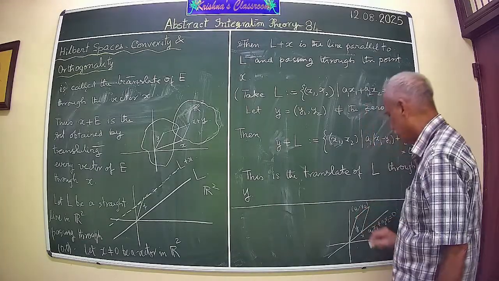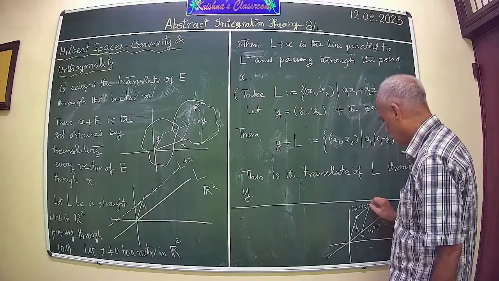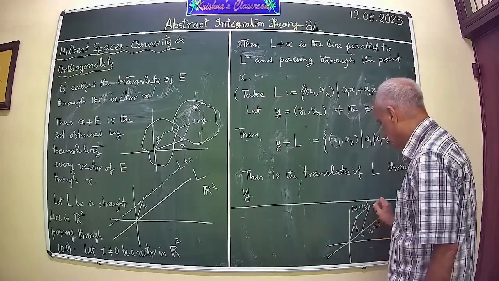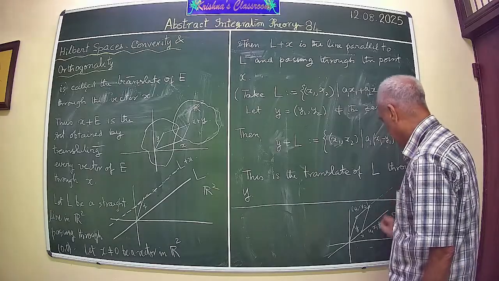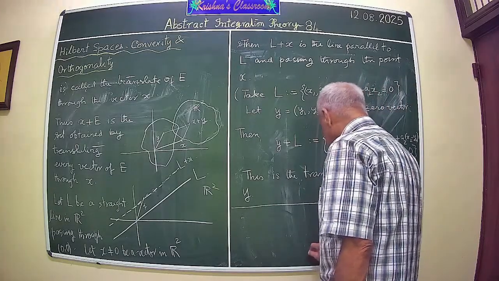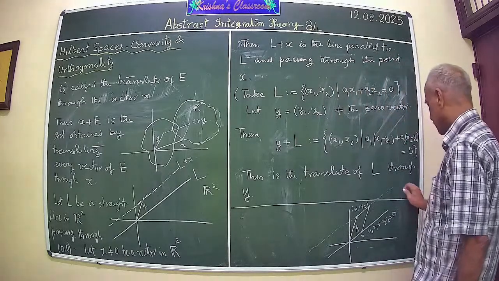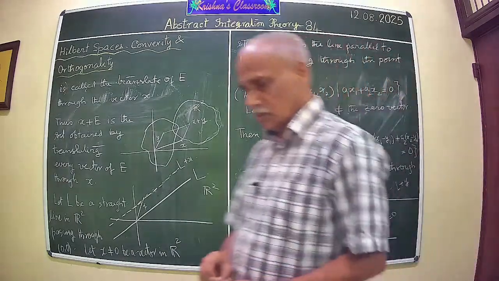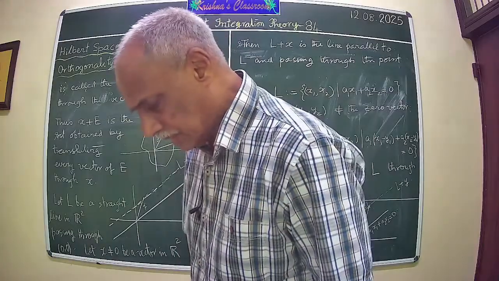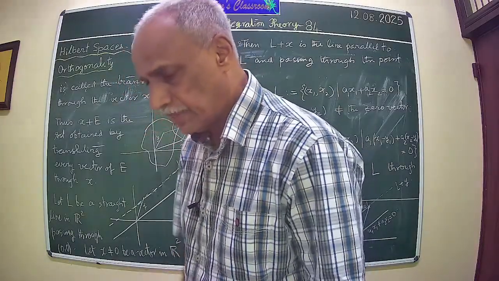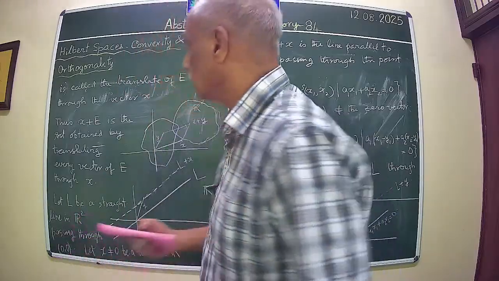Take x plus y. So this point is that, and in fact you take every point here and translate it. This is the line that is going to be L plus x. Okay, that's the geometry of the problem. Now we define what is orthogonality.